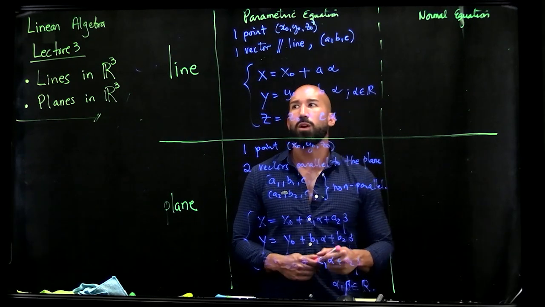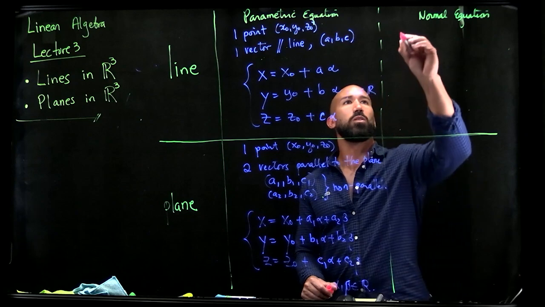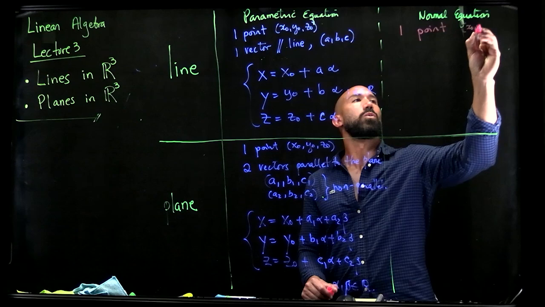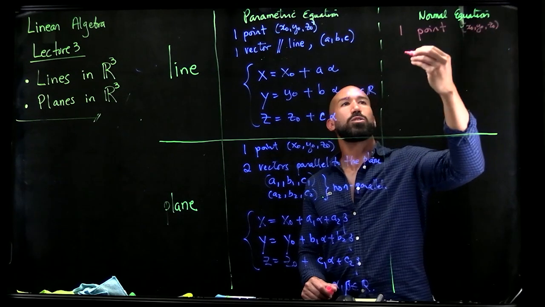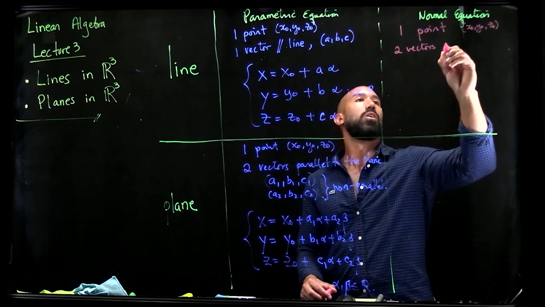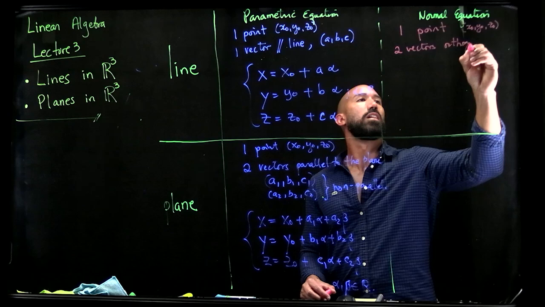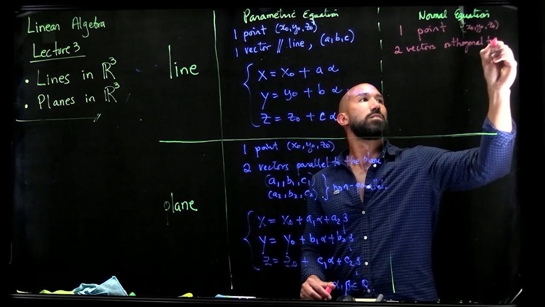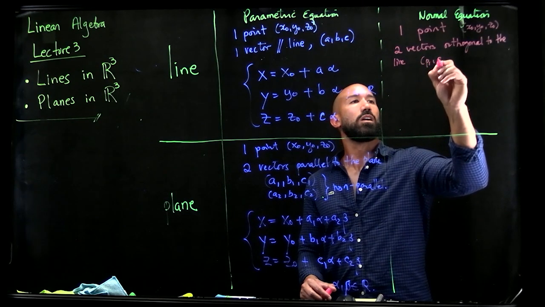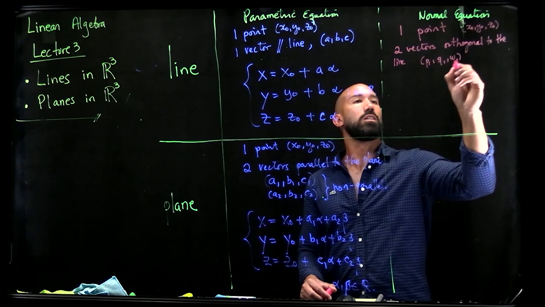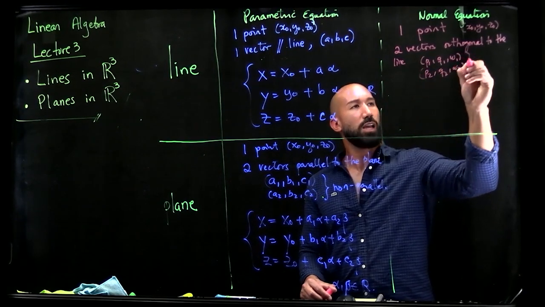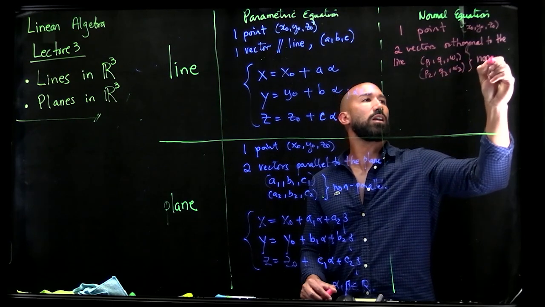And what is going to be the normal equation for a line in R3? So what we need, 1 point, say (x0, y0, z0), and 2 vectors orthogonal to the line, let's say (P1, Q1, W1) and (P2, Q2, W2), but if we again compare these two vectors, they are non-parallel.